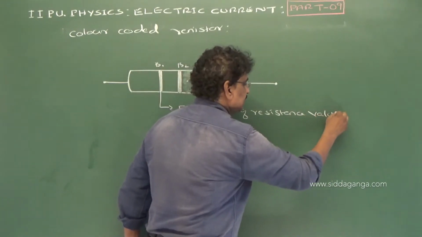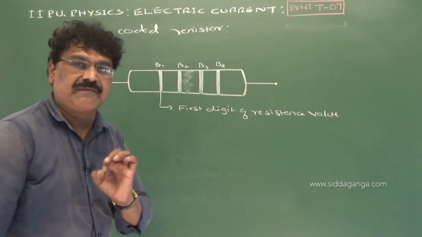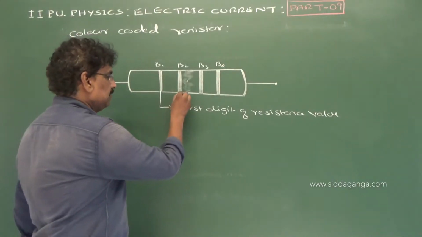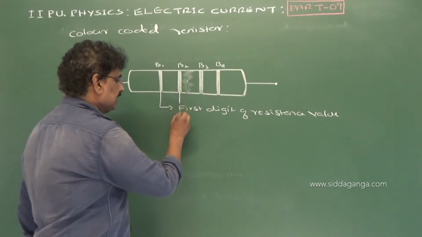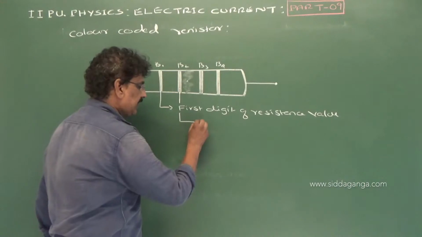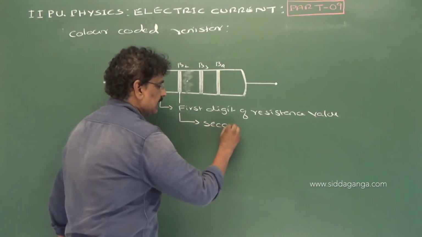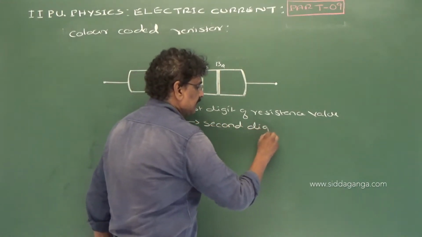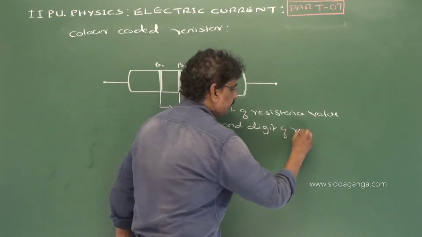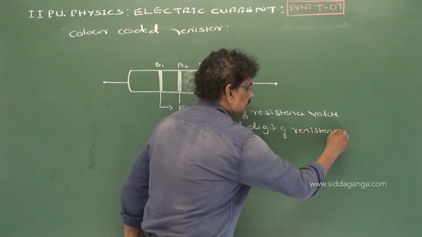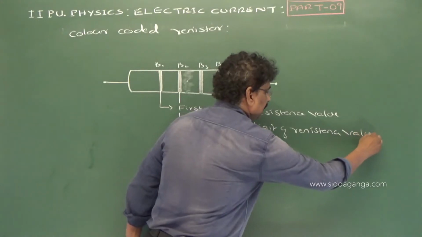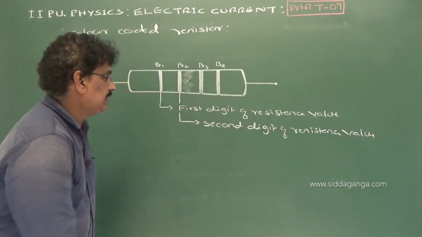The second colored band represents the second digit of the resistance value.